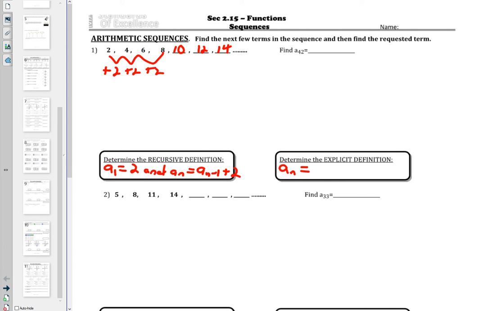What word can be used to describe what I'm about to write? Common difference is what an arithmetic sequence has to go from one to the next. But what's coming after this equal sign, that expression I'm about to write, there's a word I can use to describe it. It starts with an L and ends with linear.